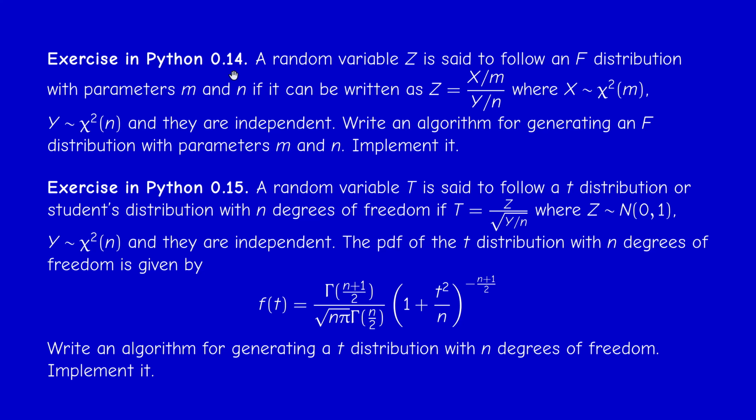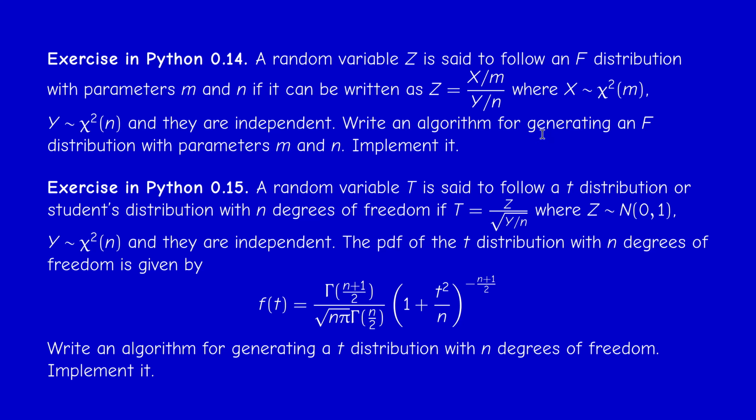The F distribution with parameters m and n is by definition what? It's the ratio of a chi-square distribution with m degrees of freedom divided by its degrees of freedom, over another chi-square with n degrees of freedom, which are independent, of course.